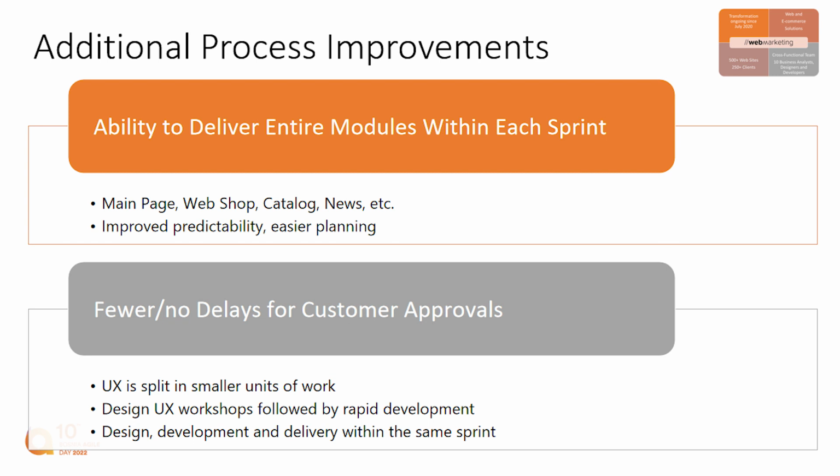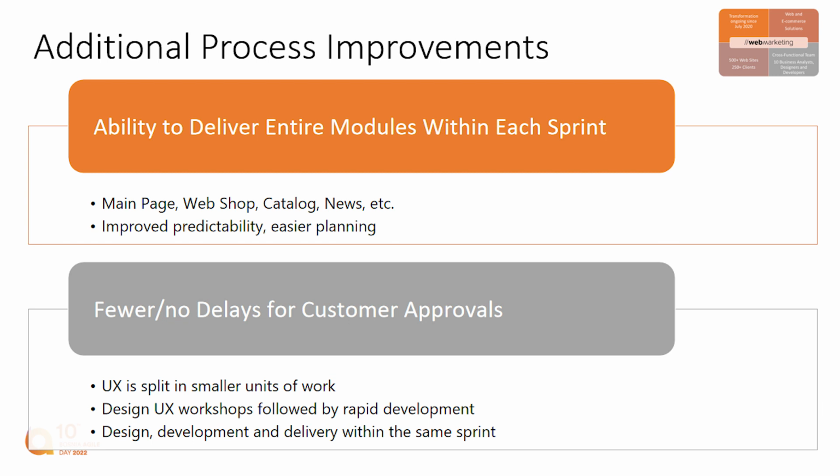This is a web agency that creates websites based on standardized modules. And once they achieved the ability to deliver a whole module within a sprint, that improved their ability to sustainably and predictably deliver. And that was a boost to their project planning and execution.